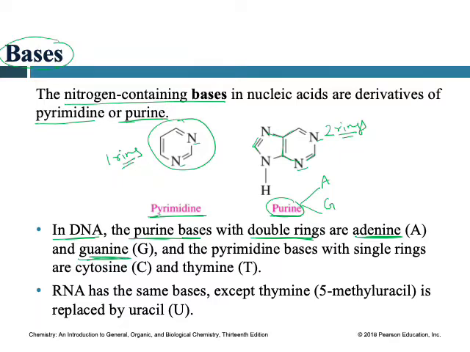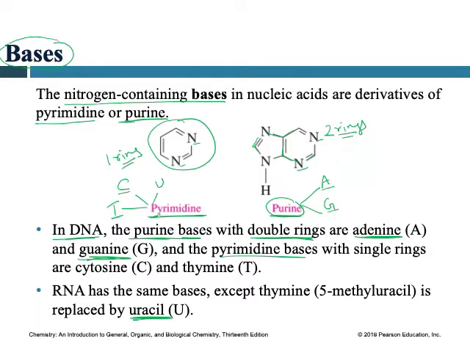Whereas the pyrimidine bases with single rings are cytosine and thymine. And then you have one more type called uracil, U. You will find adenine, guanine, cytosine, and thymine in DNA.